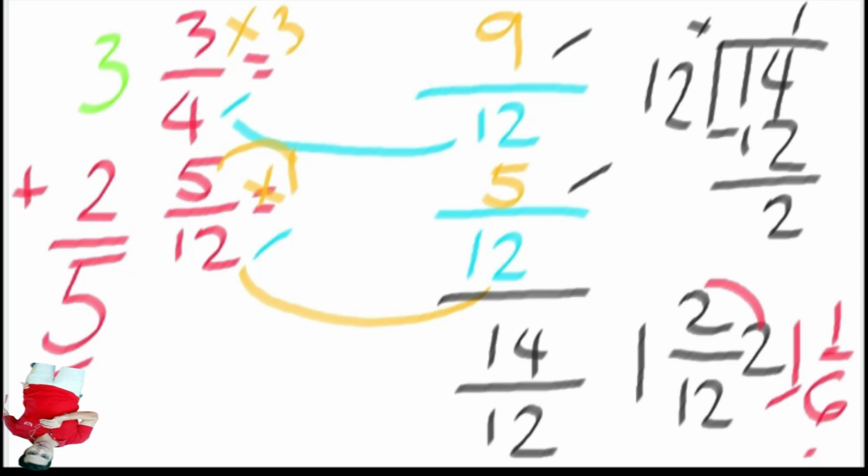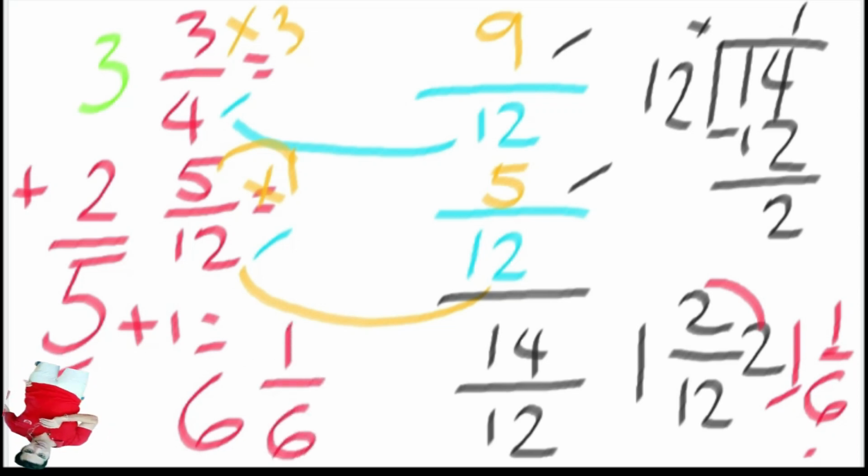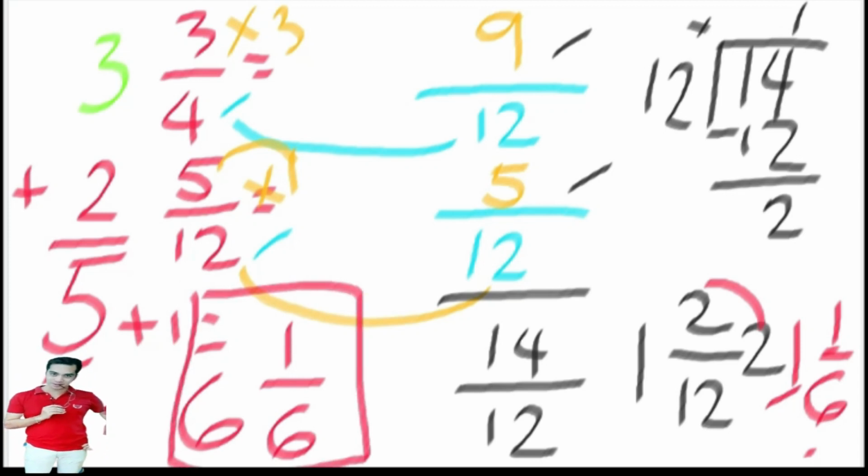So, 5 plus 1, the answer is 6. Now, write 6. Then, copy 1 over 6. So, our answer is 6 and 1 over 6. Again, our answer is 6 in 1, 6.